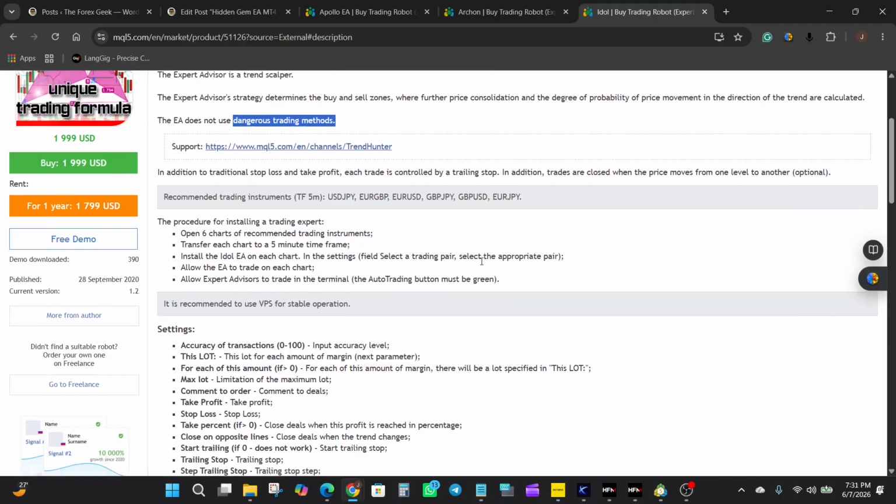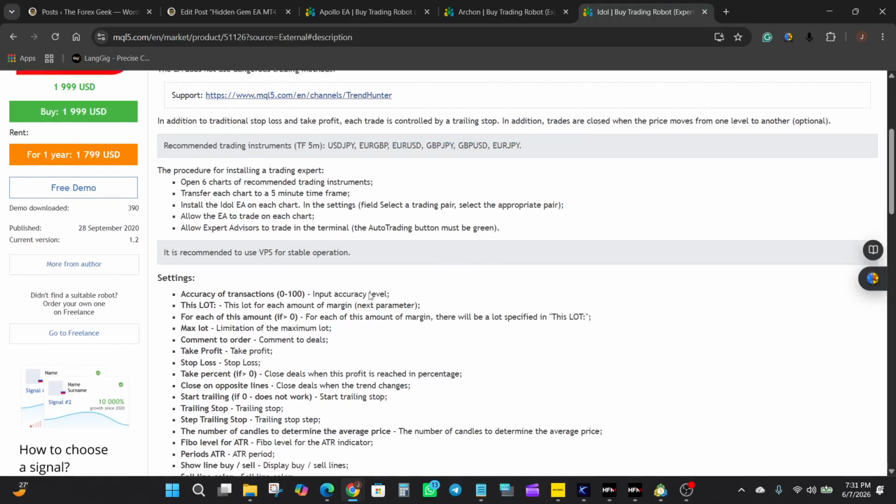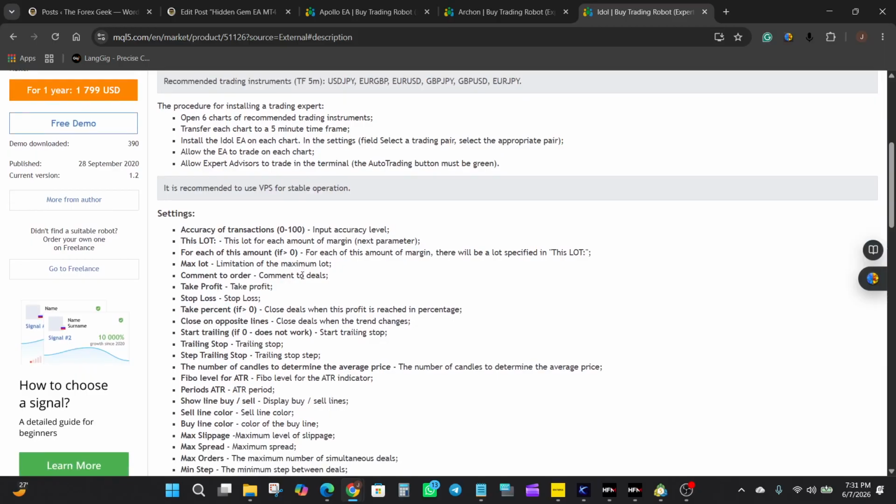Now, looking at the recommended setup, the EA is designed to work on a basket of major Forex pairs like USD JPY, Euro USD, GBP JPY, Euro JPY, GBP USD, and Euro GBP. And it's specifically optimized for the 5-minute time frame. The installation process is also quite structured.